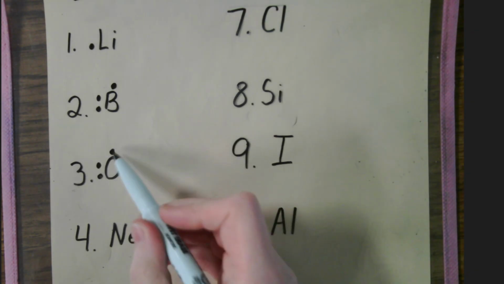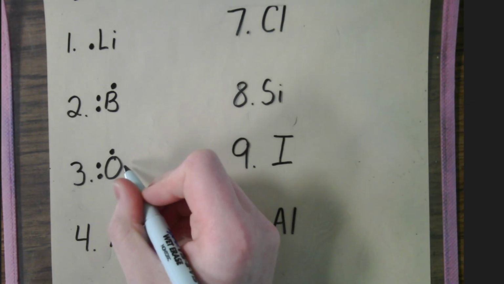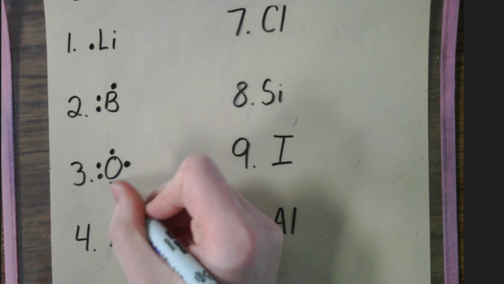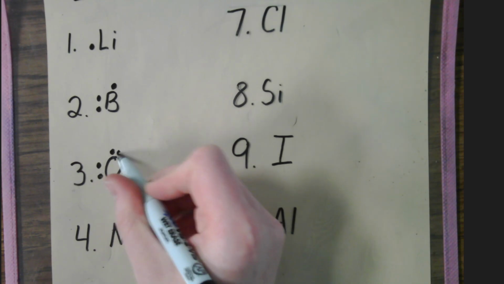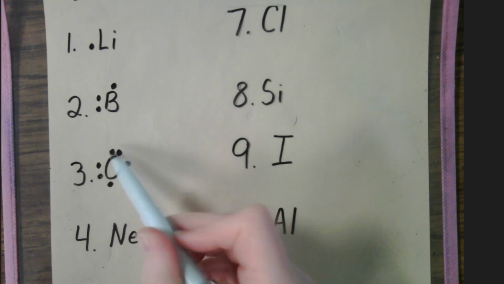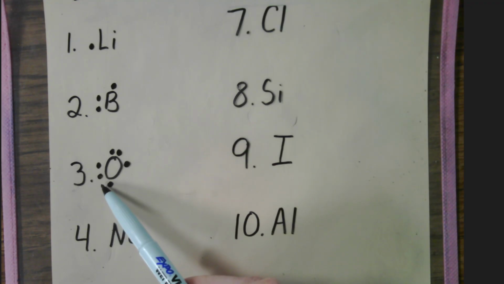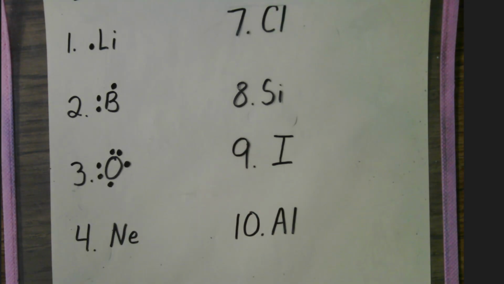We're not going to put 2 up here, well, not yet anyway. We're going to next go to the side. There's 4 electrons, 5 electrons, and now 6 electrons. We do every other after we fill up our s orbital. All right, so that is the electron dot notation for oxygen.